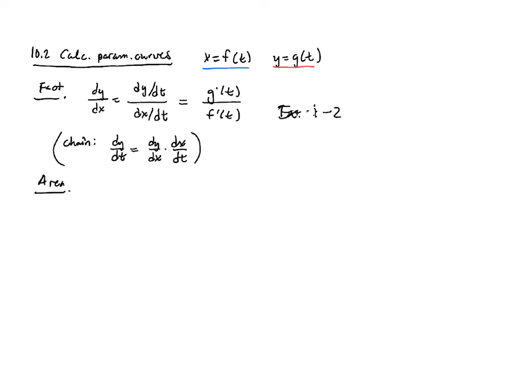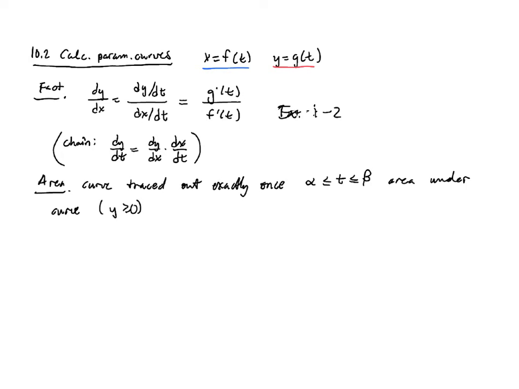So if I have a curve that's being traced out exactly once, when I go in the range from alpha less than or equal to t less than or equal to beta, then the area under the curve, and this assumes that my y values are positive, we would normally write as the integral from x equals a to b of f of x dx.